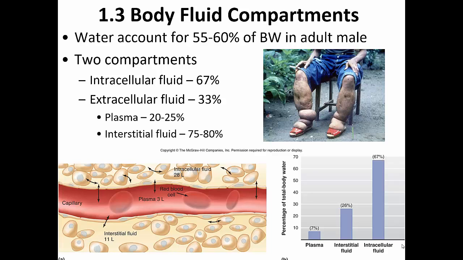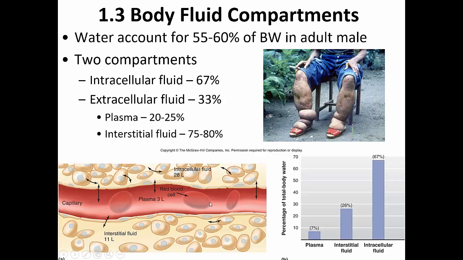If we look at the diagram in the lower left-hand side of our slide, the volumes found here are the volumes of the different fluids for what your book calls an average size human being, a 154-pound individual. This individual would have 3 liters of plasma, 28 liters of intracellular fluid, and 11 liters of interstitial fluid.